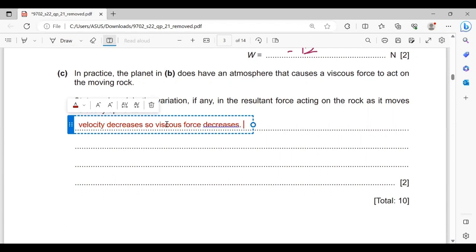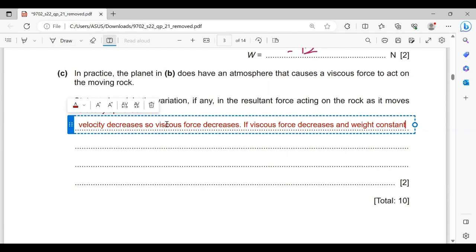And if viscous force decreases and weight is constant, what will be the implication for the resultant force?